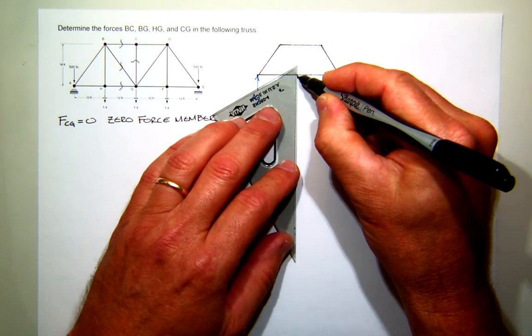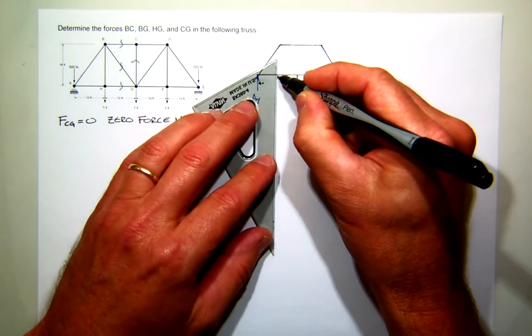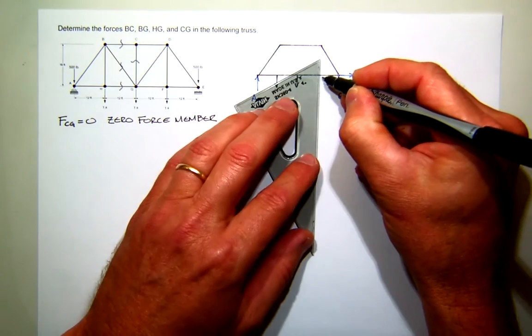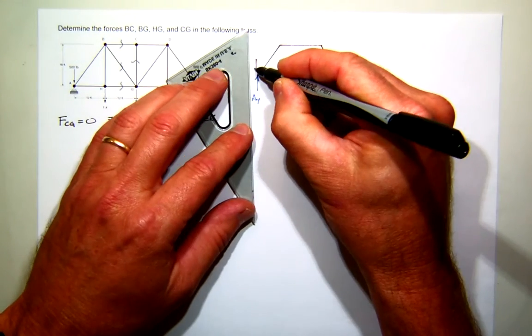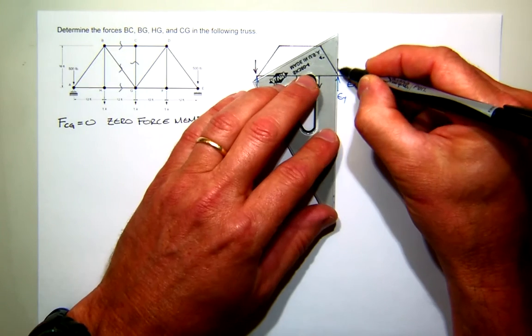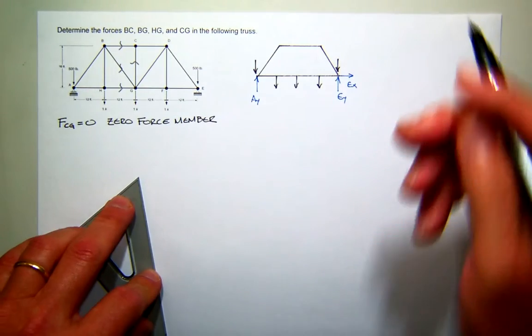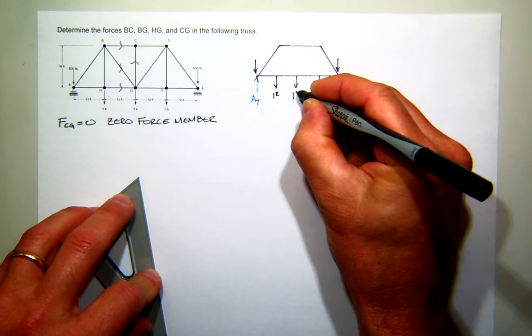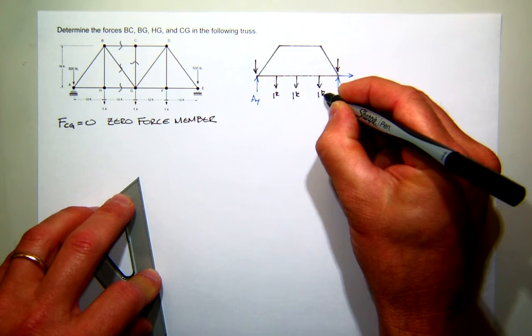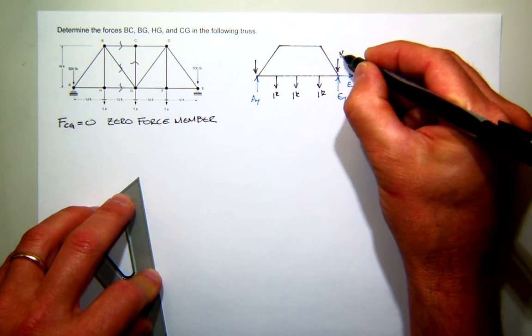Let's see, I've got one here in the middle, at the quarter point, and then even on the ends. I'm going to write everything in terms of kips. So these are 1 kip forces, and these are 500 pounds or half a kip.